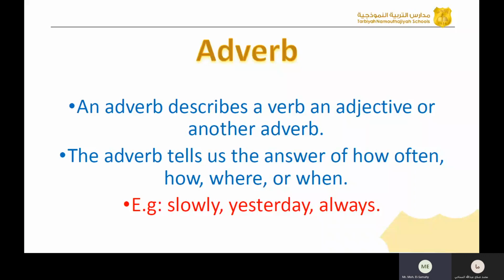The answer will be, Ahmed runs quickly. For example, what are the adverbs? We have slowly, we have yesterday, and we have always. Yesterday and always, we can name them adverbs of time. They tell me the time of doing something.